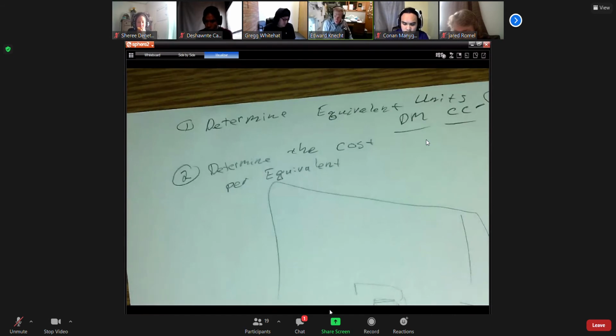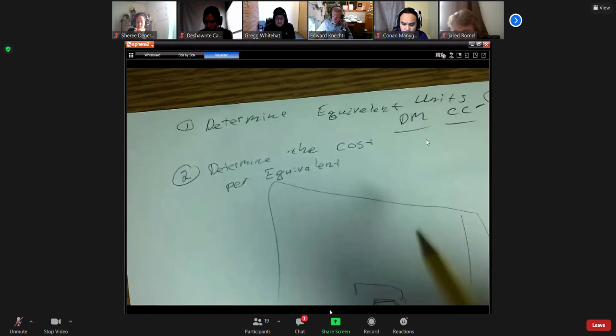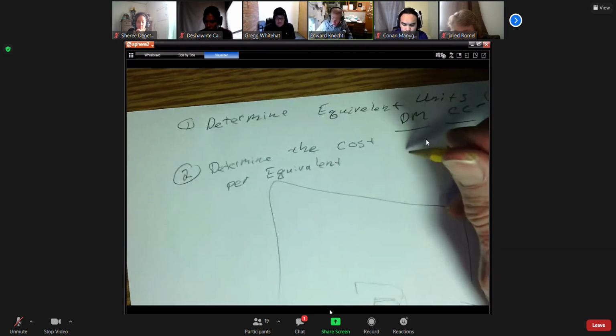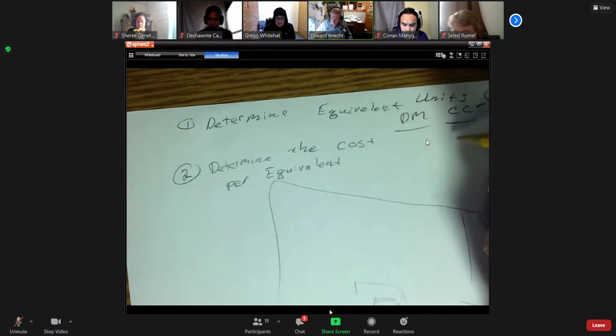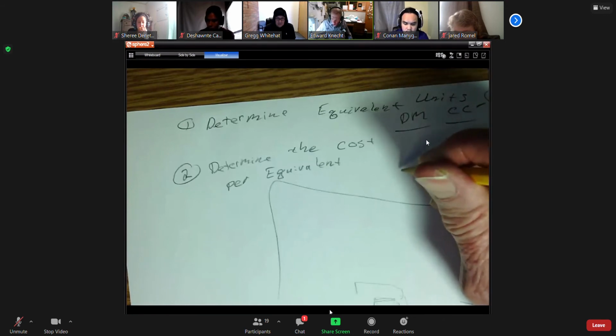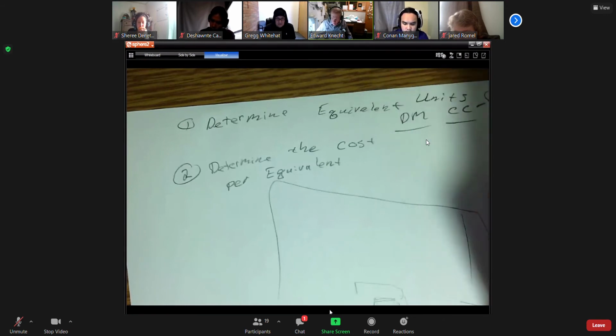If you know the equivalent units, you divide them into the direct material cost for the time period, and you'll have different equivalent units for conversion costs that you divide. Then you get the cost per equivalent unit for direct materials and for conversion cost.